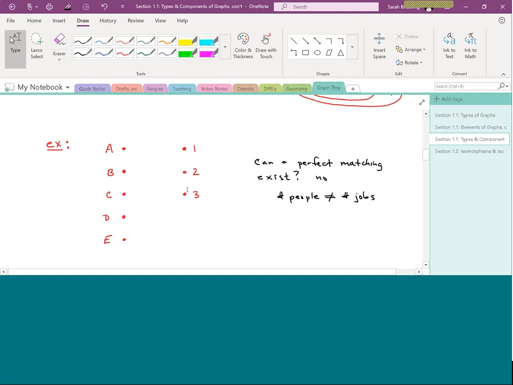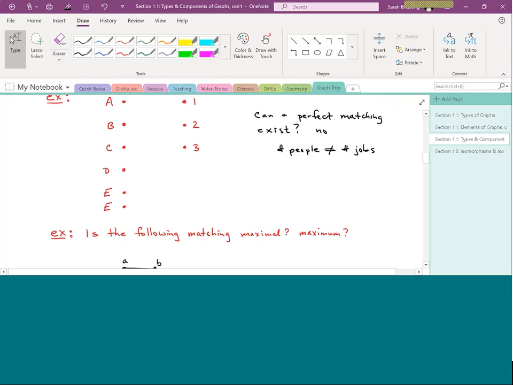But in general, the only way you'll be able to have a perfect matching exist, and this doesn't guarantee it exists, it just says it's the potential for existing, is you have to have an even number of vertices. That way you can divide it up into 2 cases with your vertices. And it doesn't matter what edges are in there. But you can still get a maximal matching and a maximum matching. That's fine. Just a perfect matching doesn't exist.